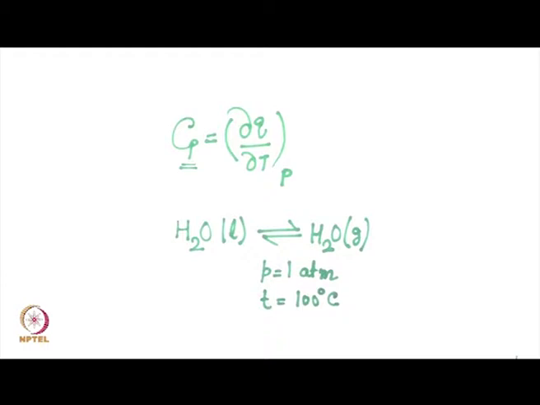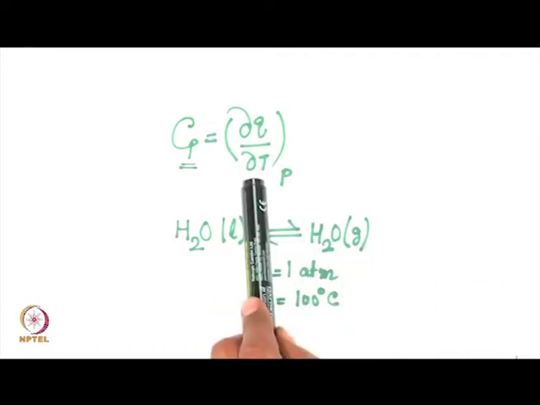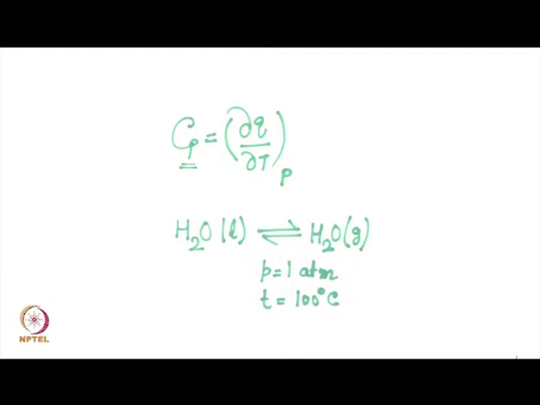This is a phase transition. At phase transition, the heat capacity becomes infinite, because whatever heat is supplied to the system at phase transition is used to drive the endothermic phase transition. It does not change the temperature. That is why phase transitions are accompanied with infinite heat capacity values.